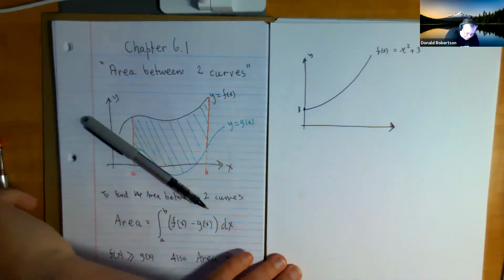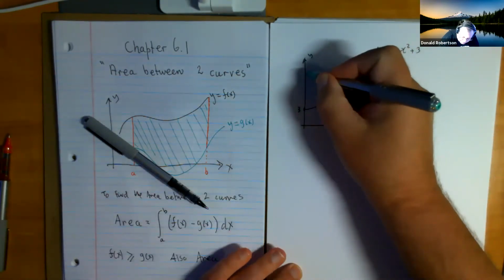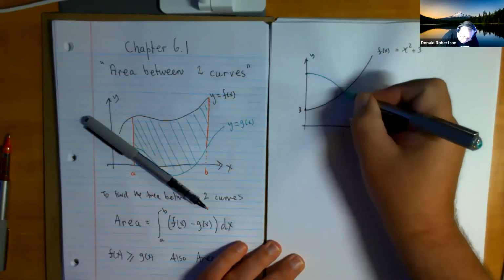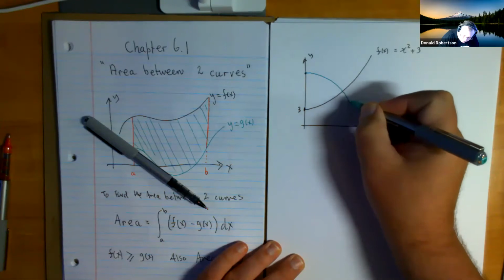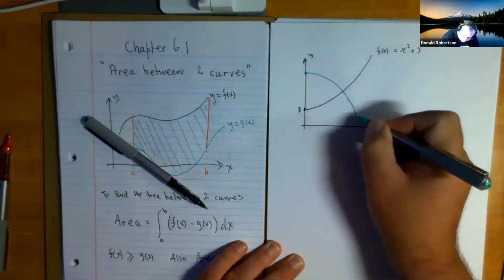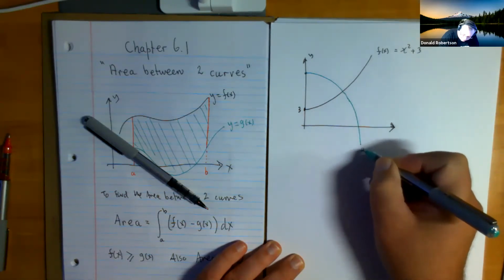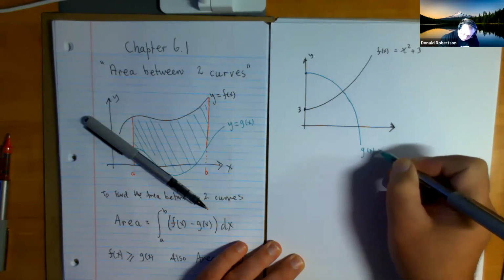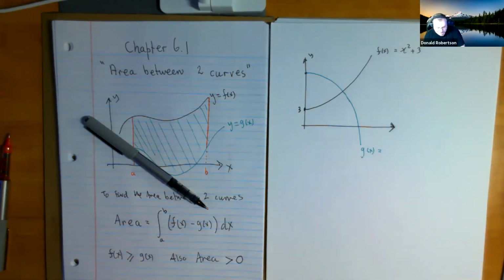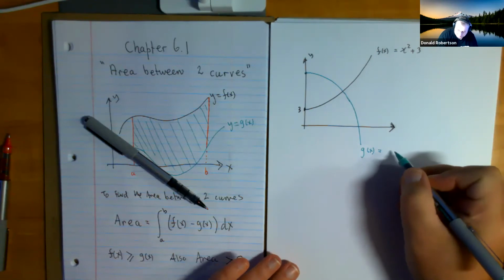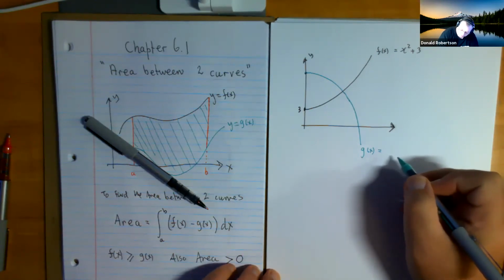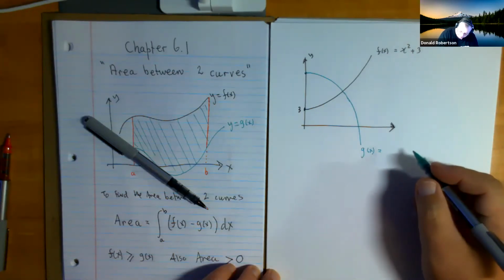And then I have a second curve. It's going to start here and it's going to go down this way. I'm going to call this guy g of x. And g of x is going to be, what shall we make g of x?